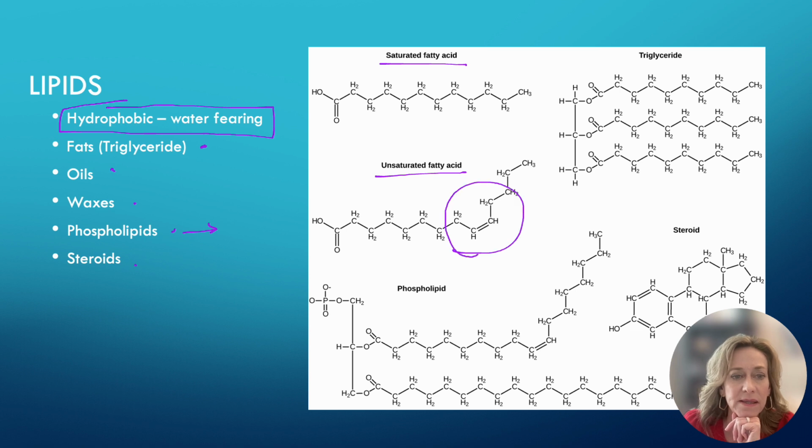We see this double bond right here between two of the carbons. So if there is at least one double bond between carbons, we would call that an unsaturated fatty acid. If we have more than one double bond, that would be a polyunsaturated fatty acid, right? So if you're looking at labels, that's what a polyunsaturated fatty acid means. Saturated means there's no double bond, so it is saturated with hydrogens, okay?